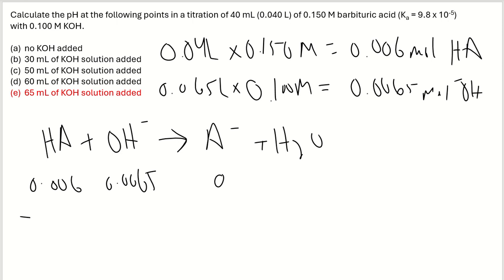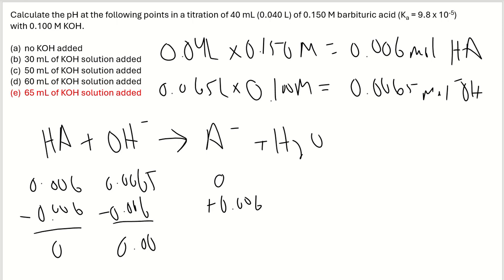This time our limiting reagent is our HA. So we're going to subtract all of the HA and we're going to add it to the other side. And what we find is we have no HA. We're going to have 0.0005 moles of OH minus, and we're going to have 0.006 A minus.